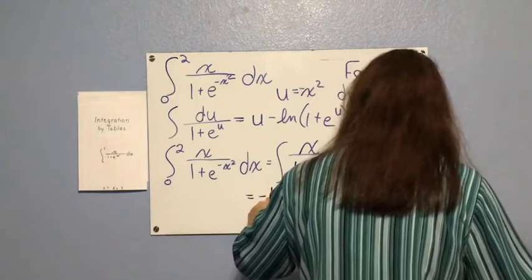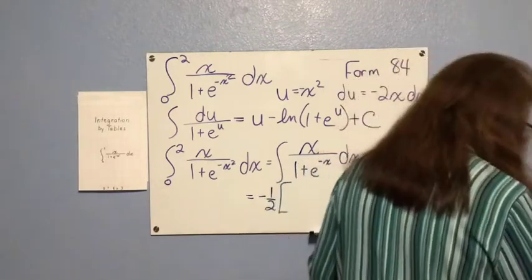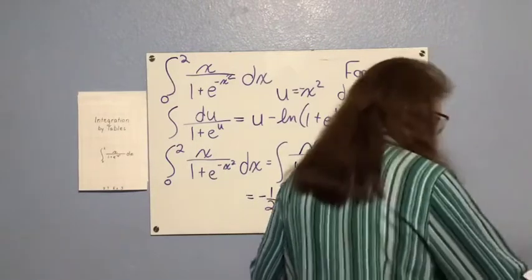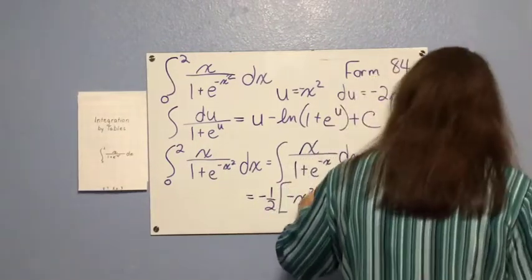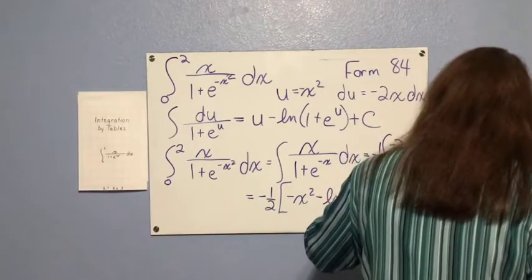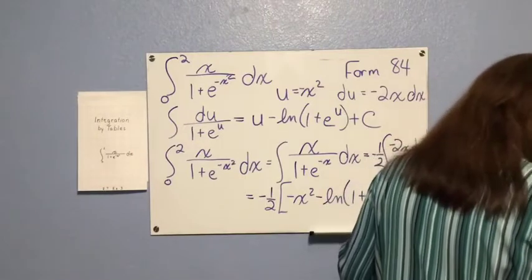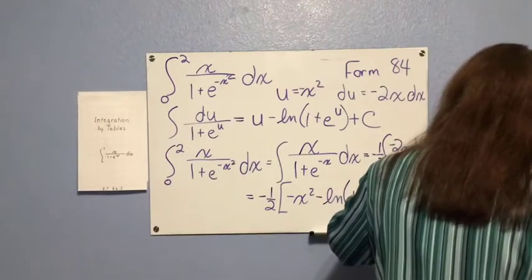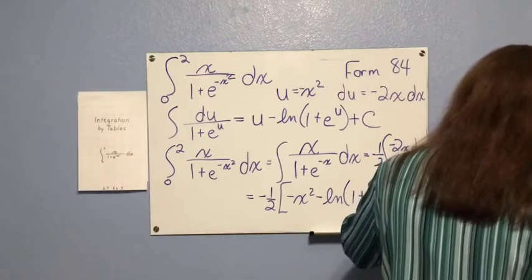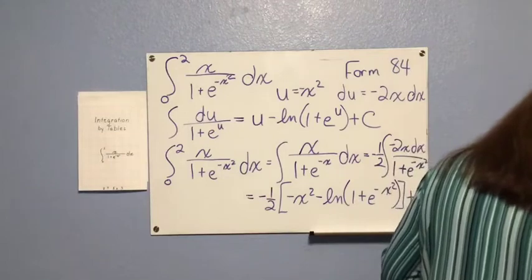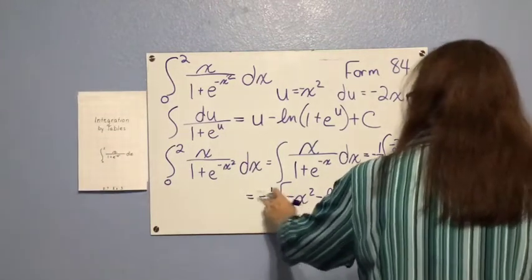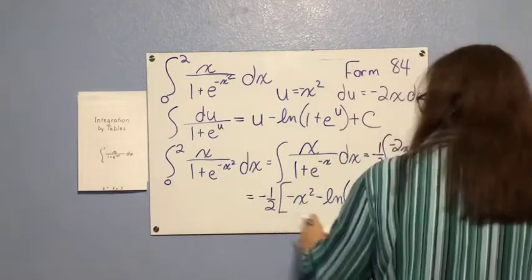Okay, so when I integrate, I get negative 1/2 times negative x squared minus natural log of 1 plus e to the negative x squared, plus c. Okay, I can multiply those negatives through.